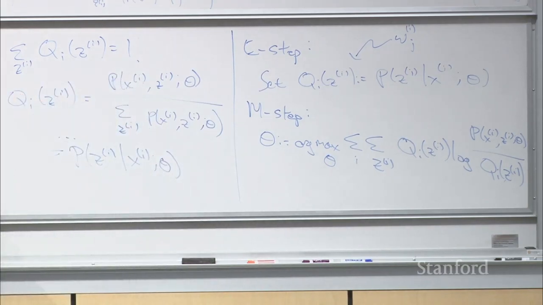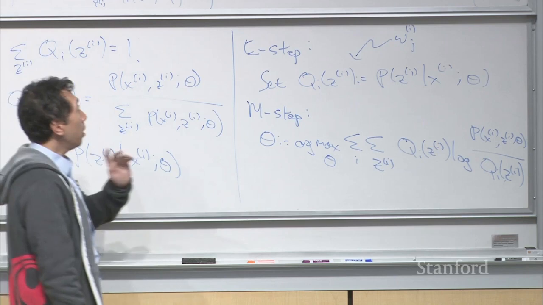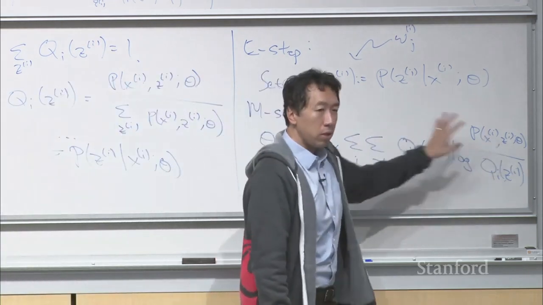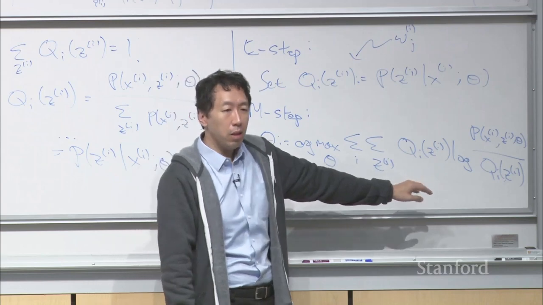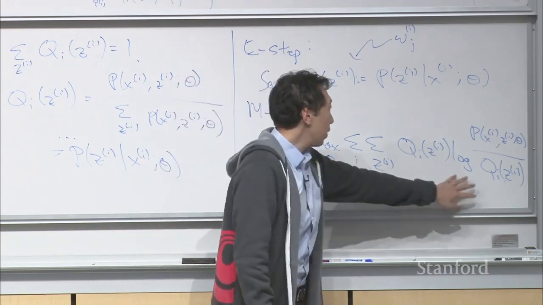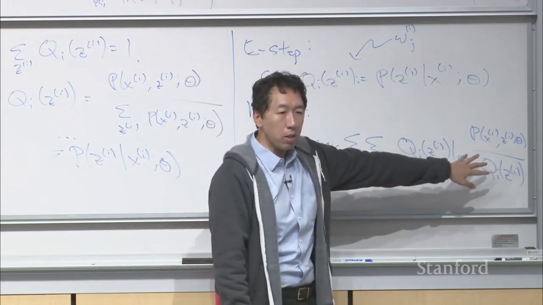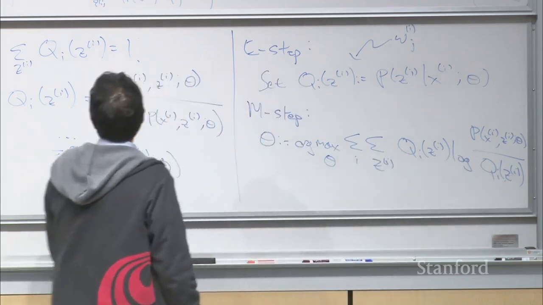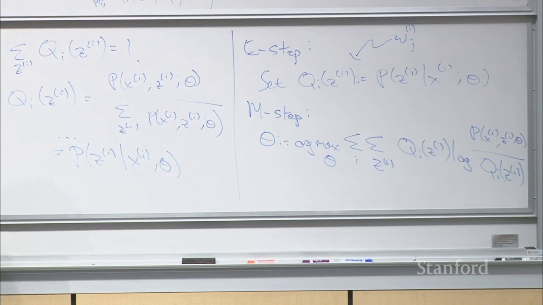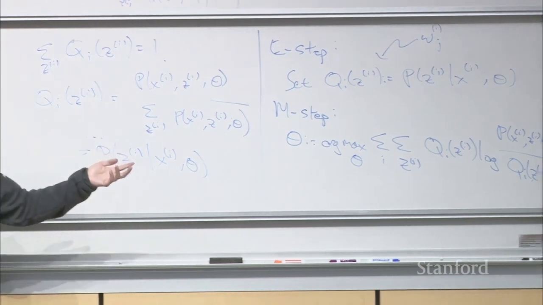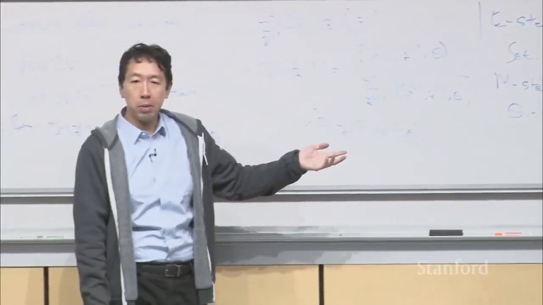Remember, we constructed this thing on the right-hand side as a lower bound for the log likelihood. So for a fixed value of Q, you can maximize this with respect to theta, and that updates theta, maximizing the green lower bound. That's what the M step does. And if you iterate these two steps, you find that this should converge to a local optimum.